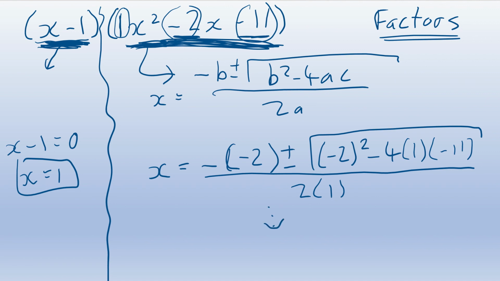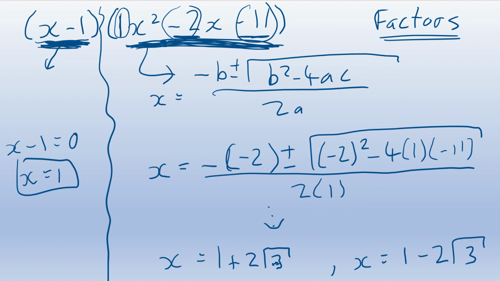When I complete that, I'm going to get that x is equal to 1 plus 2 root 3, and also x is equal to 1 minus 2 root 3.